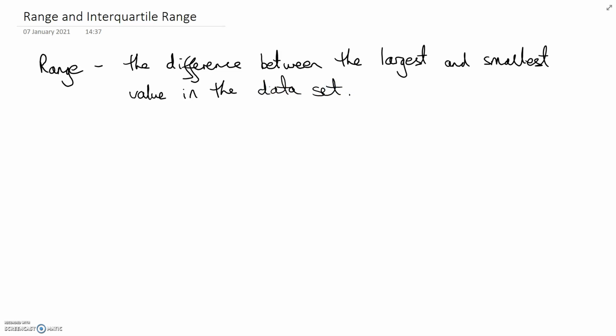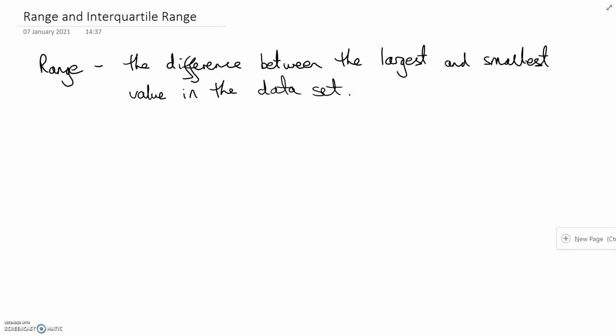Okay, so it's a nice easy one to calculate. Write this down. Difference between the largest and smallest value in the data set. You just take the biggest possible value and take away the smallest possible value. And if you've got them arranged in ascending order, it's really easy to see which is the biggest and which is the smallest. That's what the range is.